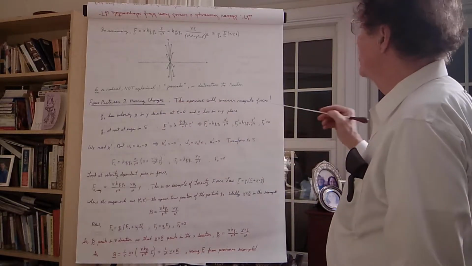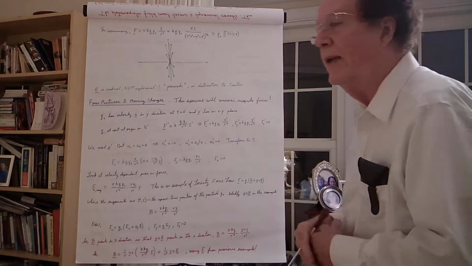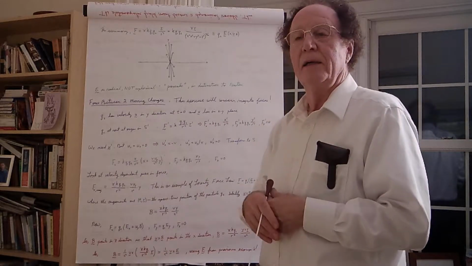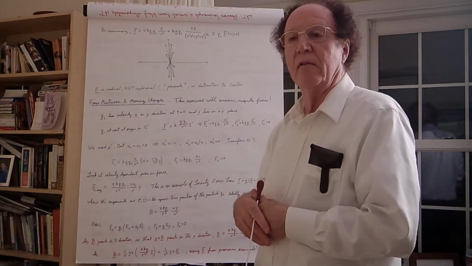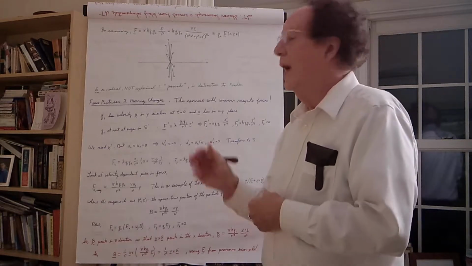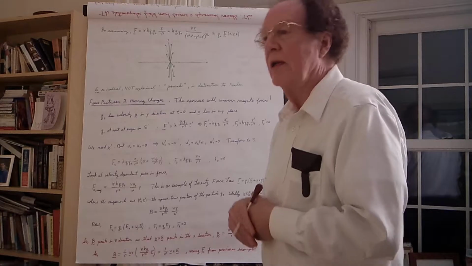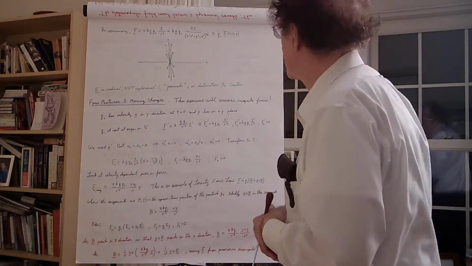This exercise will uncover magnetic forces, and I'll take one geometric configuration and work it through. Then in the textbook there are other geometric configurations which work through and give the same general result that we have here, and we're just working through a special case.